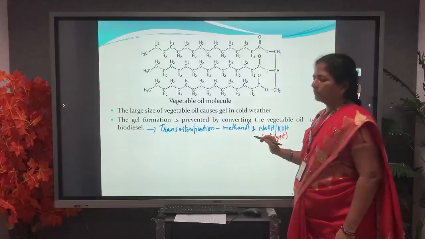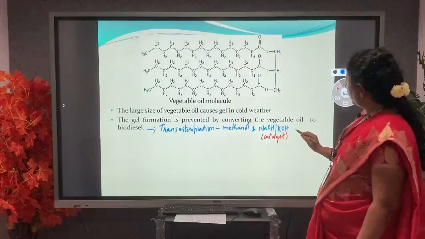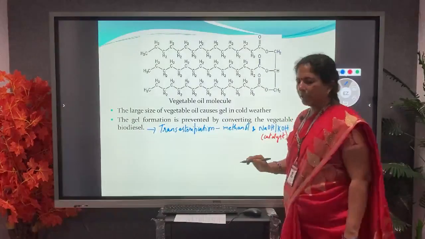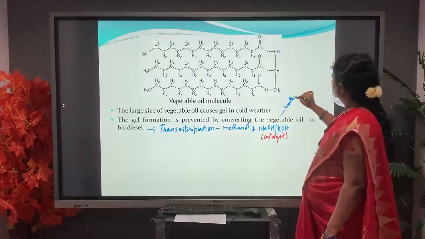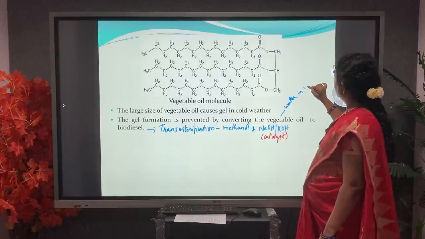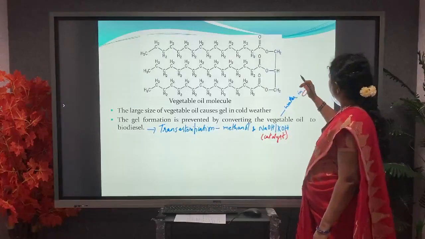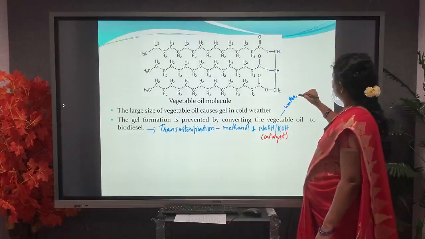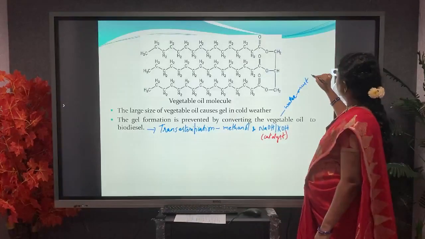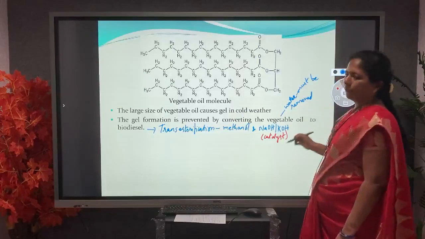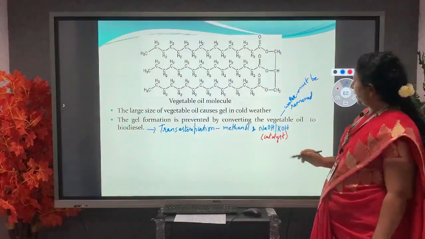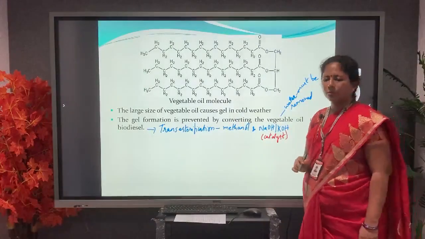And not only that, whatever water is present in the vegetable oil should be removed. If not, water will react with the vegetable oil and form soap.